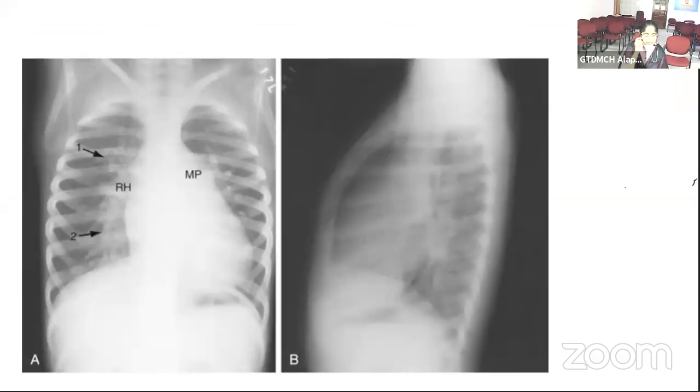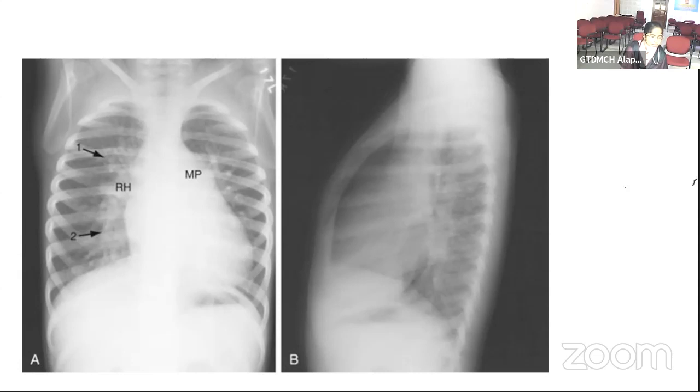So this is the X-ray of a child with large VSD and without pulmonary hypertension. So there is cardiomegaly. You can see the main pulmonary artery is enlarged.